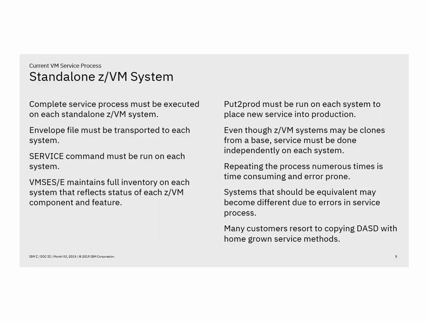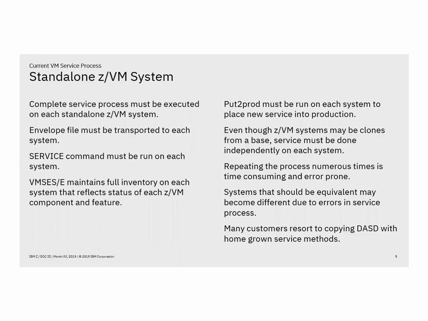And what I mean by executing the full service process, you have to transport a service envelope to each system. You've got to run the service command on each system. You would test each system separately. You have to run put to prod on each system independently.